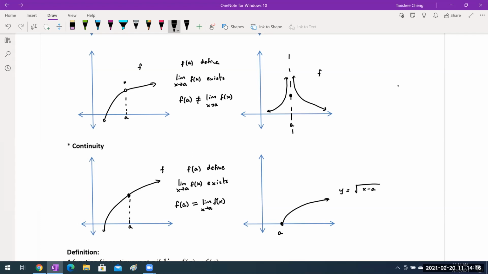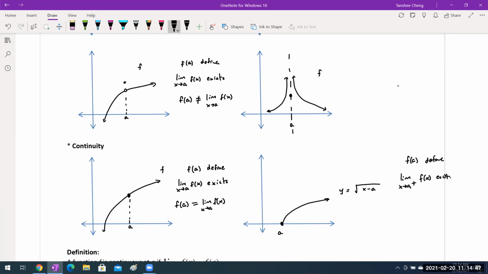Not necessarily all the time can you talk about the limits from both ends. For example, take radical functions. The function is defined at a, and the limit only exists as x approaches a from one side, the right-hand side.